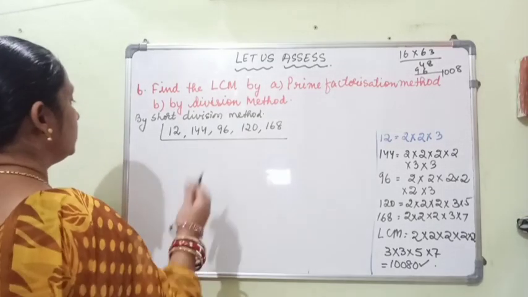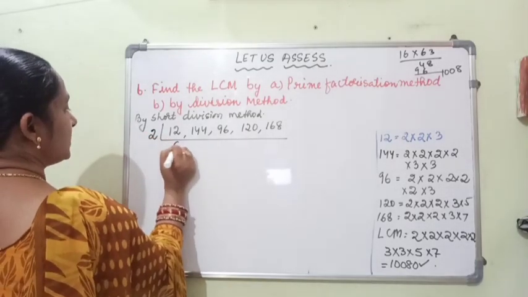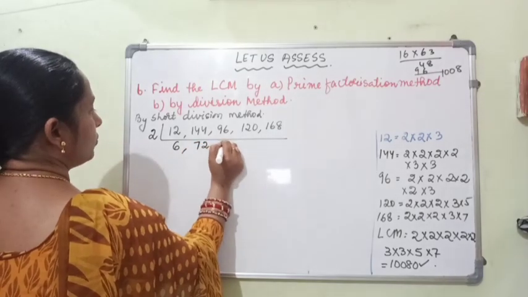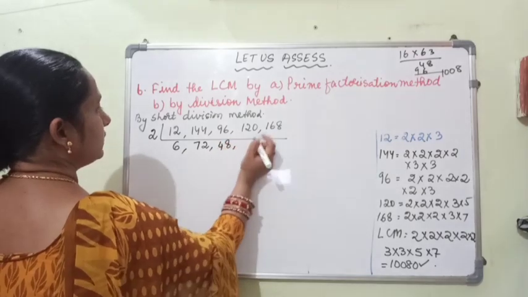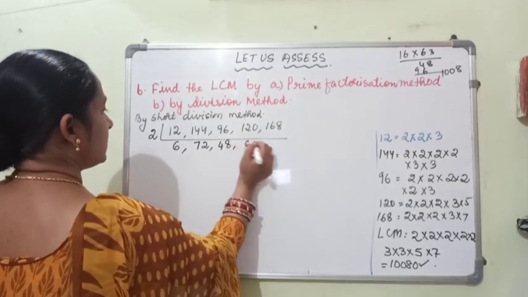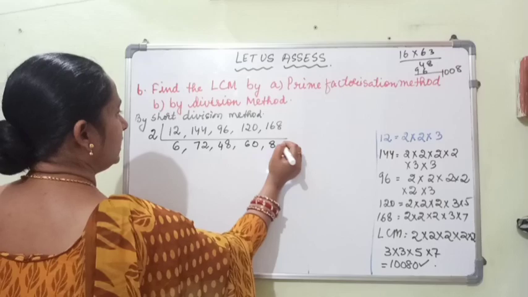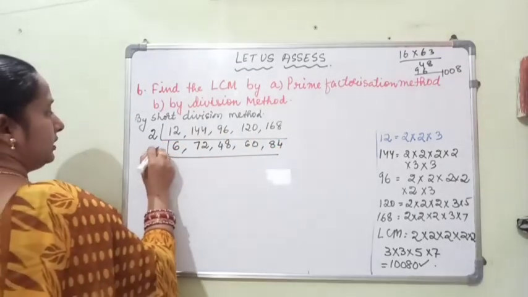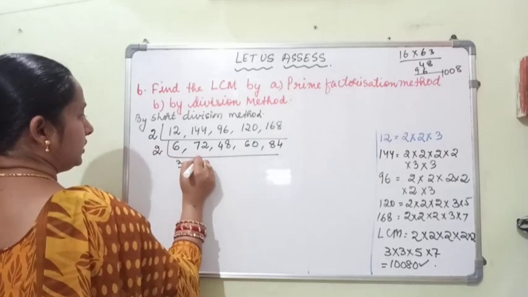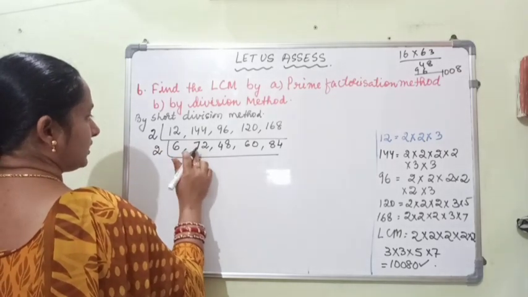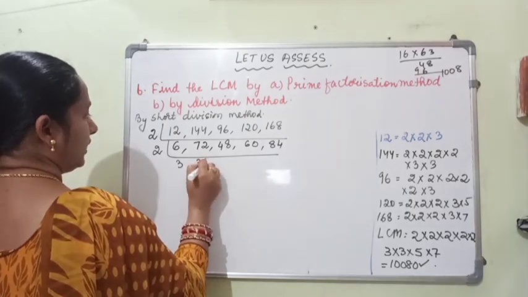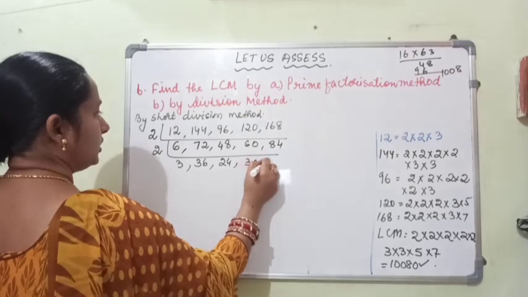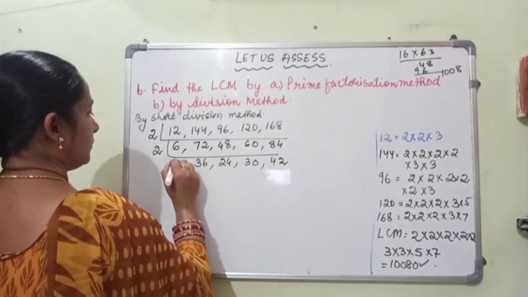So let us divide. 2 sixes, 2 sevens, 2 twos, 2 fours are 8, 2 eights, 2 sixes and 0, 2 eights are 16, 2 fours are 8. Now further you divide again by 2 only. 2 threes, 2 threes are 6, 2 sixes are 12, 2 twos, 2 fours, 2 thirties, 2 fours, 2 twos.